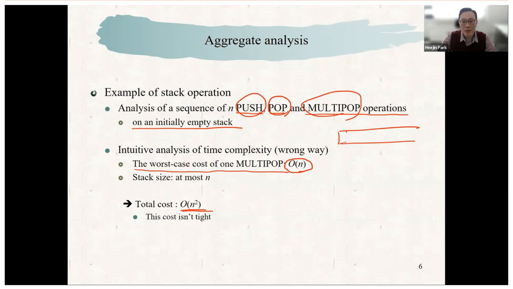The stack is filled with n items, and then we run multipop n, which takes big O of n time. If all operations are multipops, then it takes big O of n squared time. But this scenario is infeasible because it is impossible to run each multipop operation in big O of n time. So this cost isn't tight.